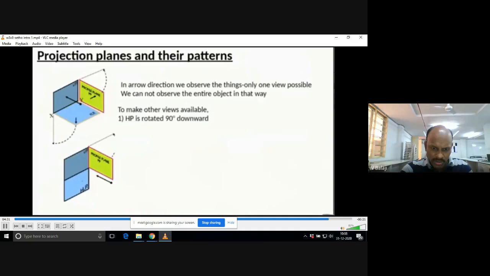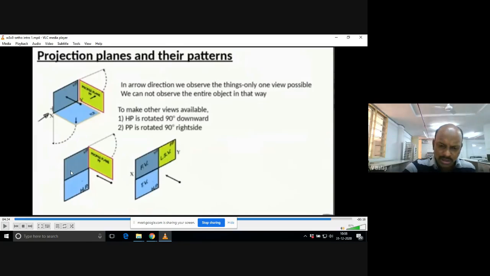Now look at this, this is a very important and fundamental concept in our projections. Finally, what I have done, actually these three planes are perpendicular to each other. So the front view is coming onto VP, top view is coming onto HP, and the side view is coming to PP. So our drawing sheet is not like that.